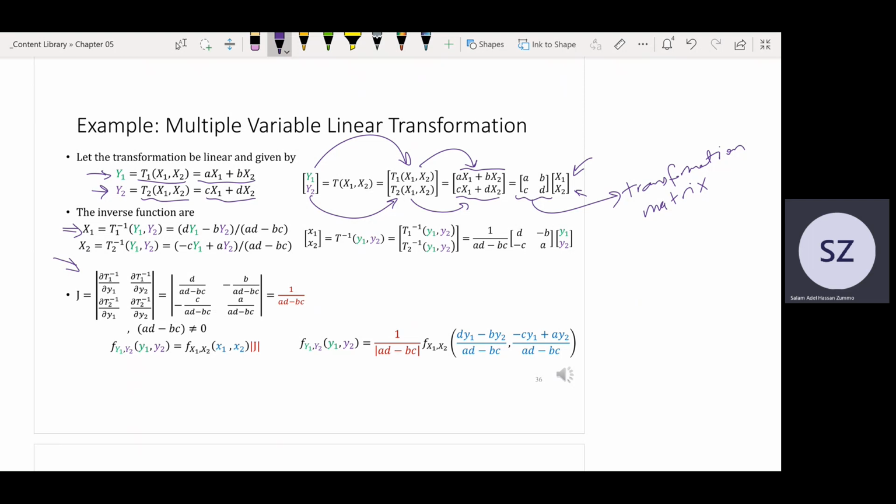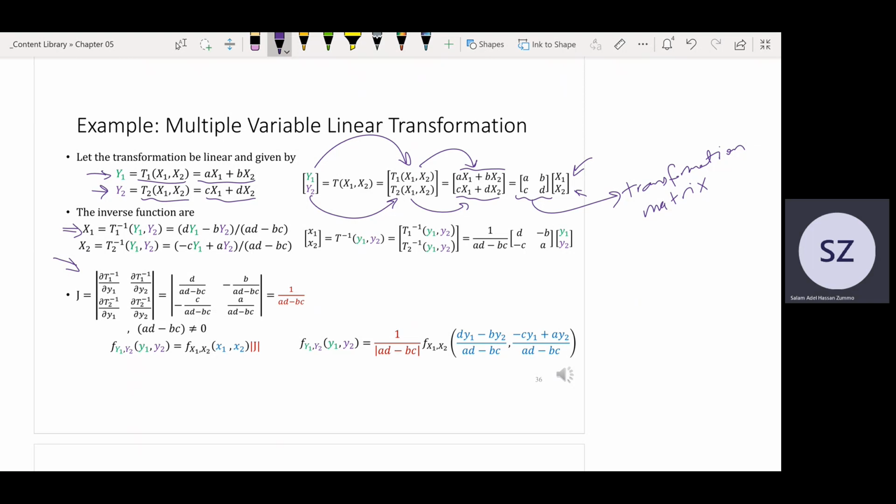Well, what do I get here? When I multiply by b here and I subtract, I get by2 equals bcx1 plus bdx2. Now, if I subtract, I get these two out. I get dy1 minus by2 equals x1 multiplied by ad minus bc.